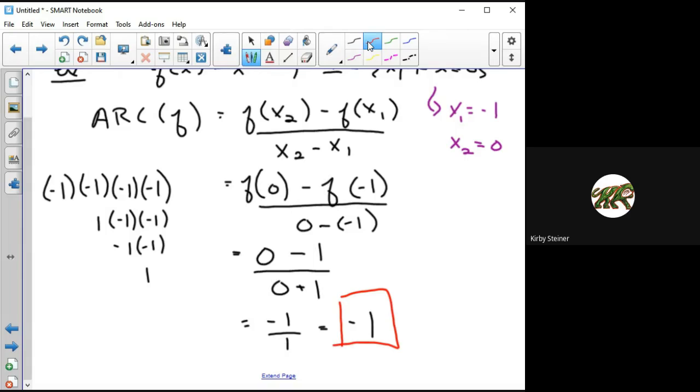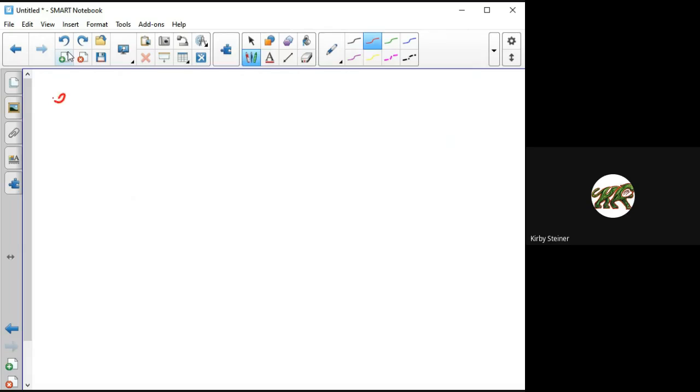We can do this even if we have variables in the function.